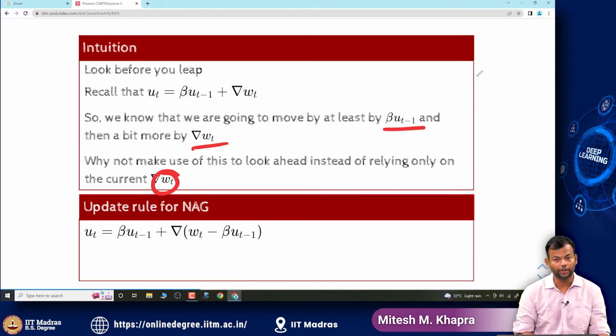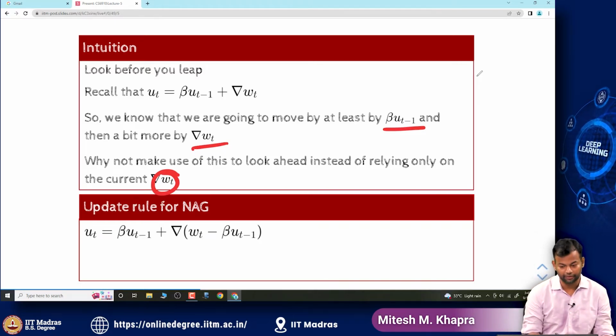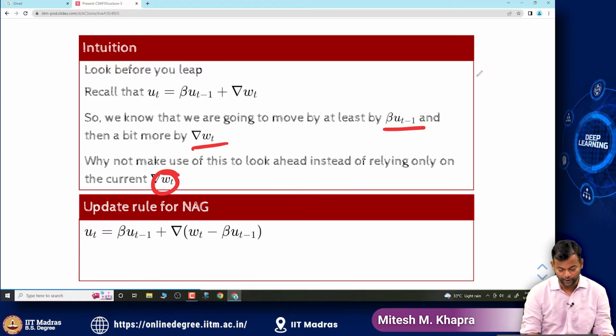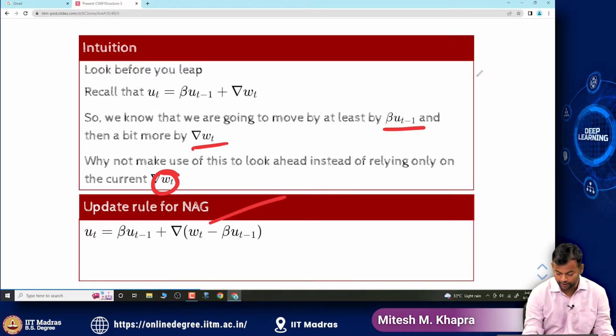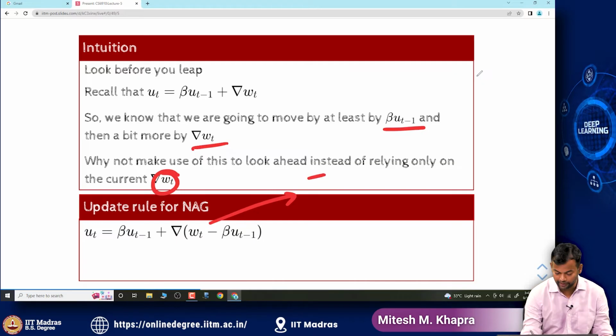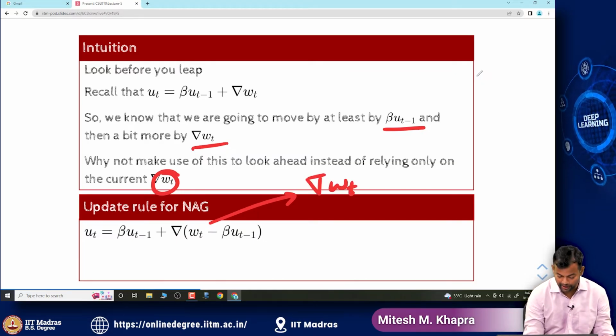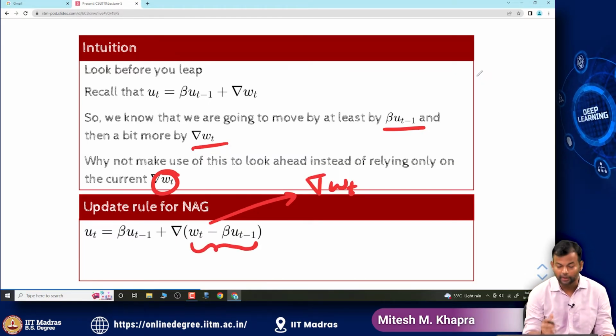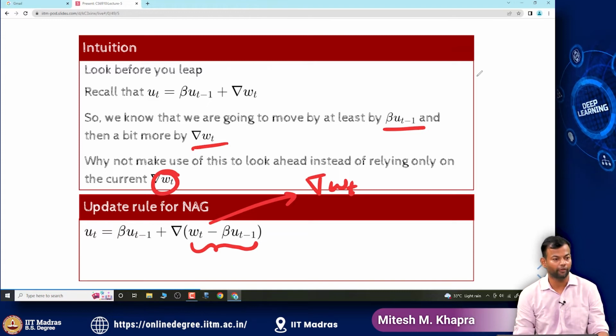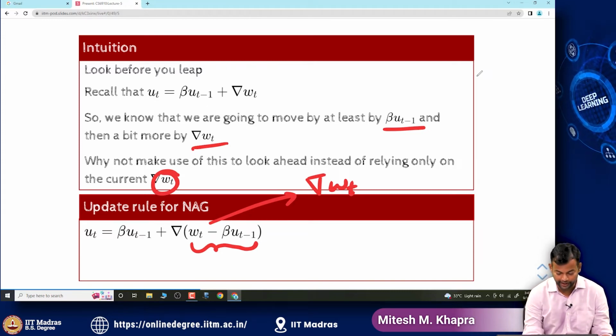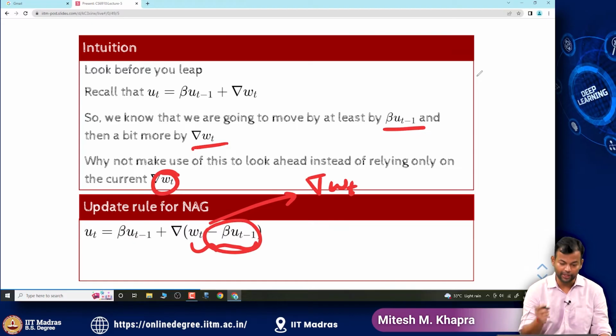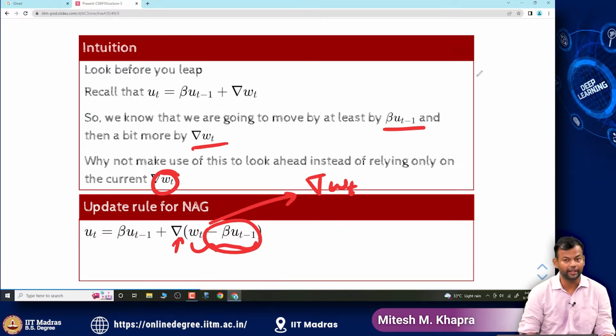So this is what ut is in the case of NAG, and notice that what we are doing now is that instead of the momentum equation where we had delta wt, instead of wt I'm using the partially updated value of the weight. So I've already updated by this quantity and I'm computing the derivative at that value.